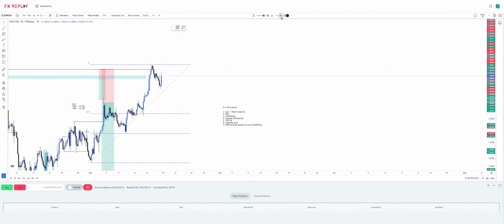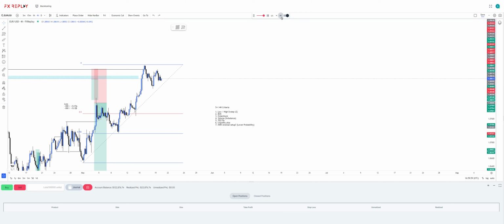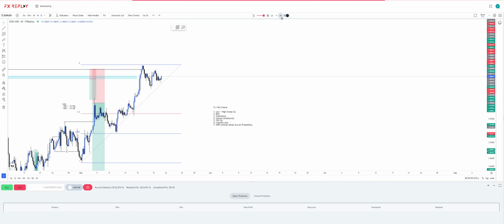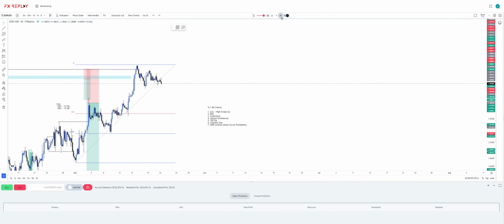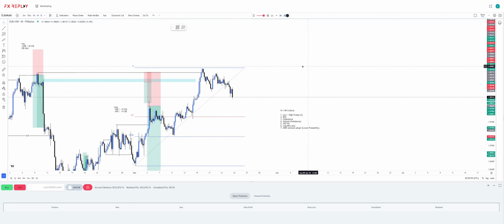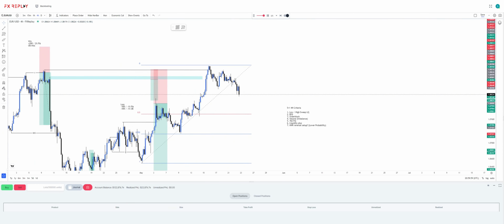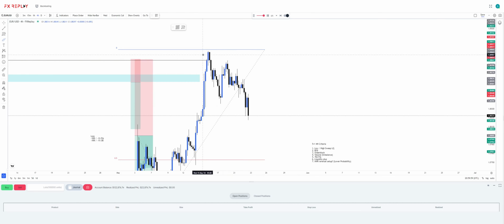Okay, pullback phase, nothing here. And why, some of you might say, Jay, maybe there's a short setup in here. Why? Is because this high didn't sweep any liquidity before breaking. It was just a sharp reversal.